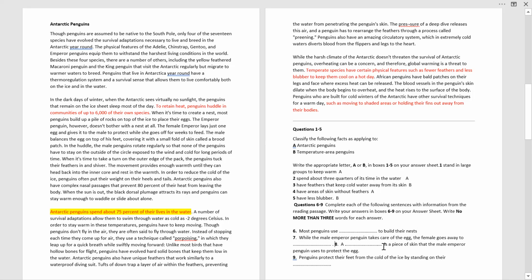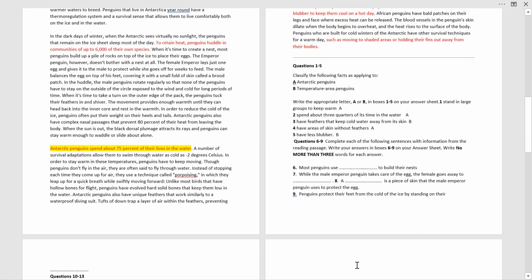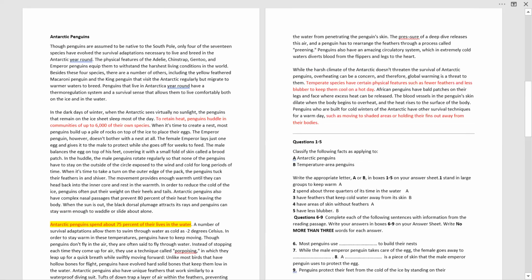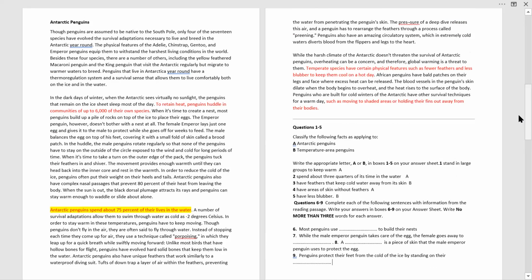So these are the different sentences. I'm just dragging them together so that we can get the whole thing on one page. So this is the question. We have a no more than 3 words option to write our answers. So it says, most penguins use dash to build their nest.